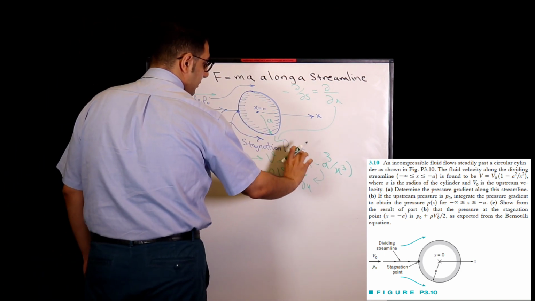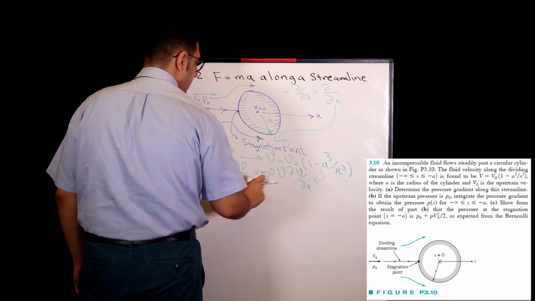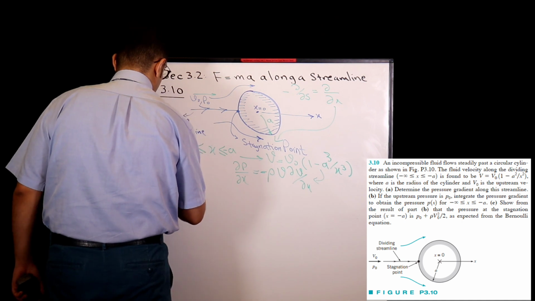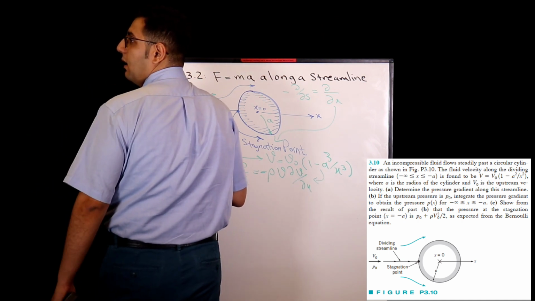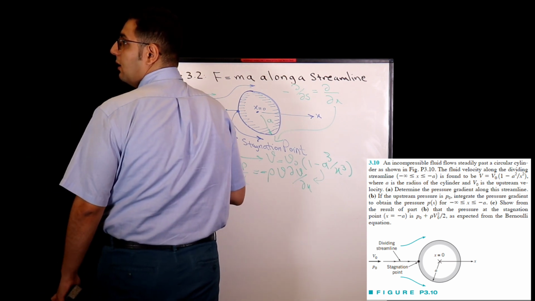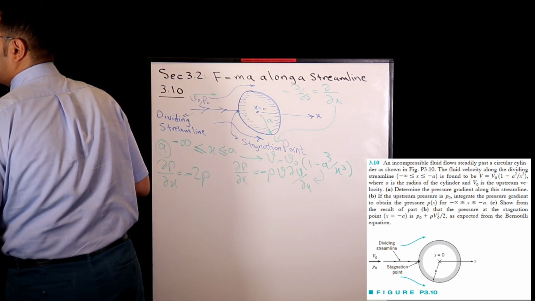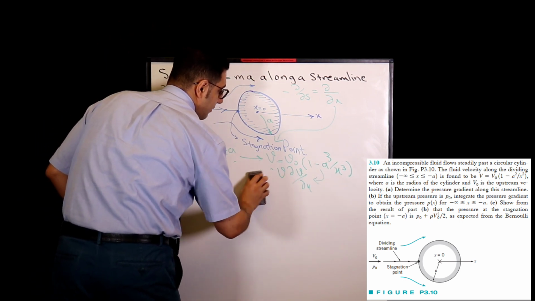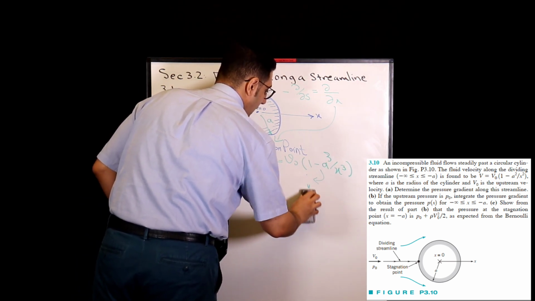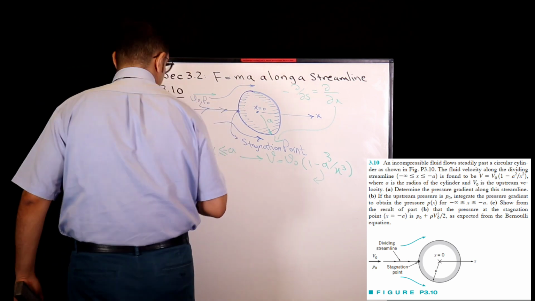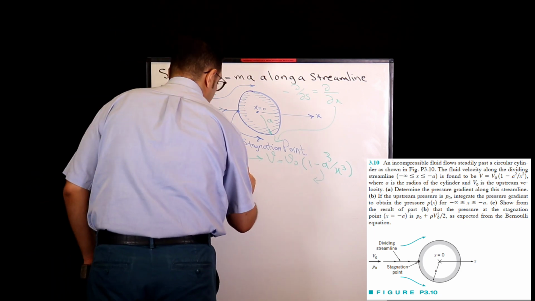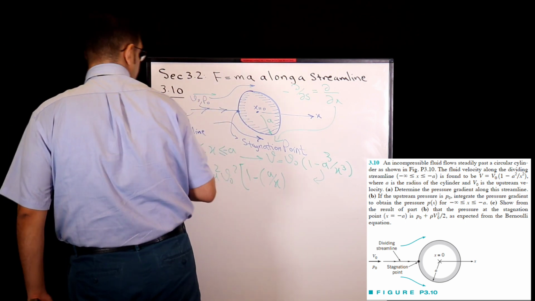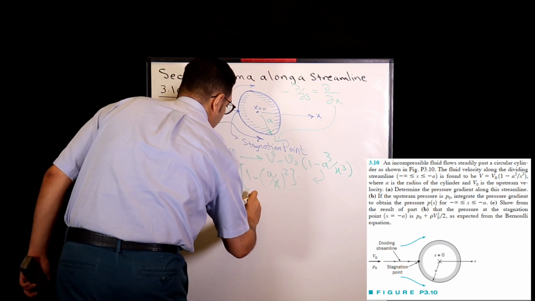If we take the derivative with respect to x, we're going to have the pressure gradient ∂p/∂x equal to minus 2 rho a to the power 2, yeah, a squared, V0 to the power 2 multiplied by 1 minus a over x to the power 2, totally divided by x to the power 3.